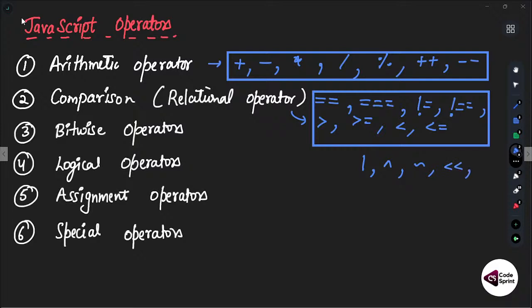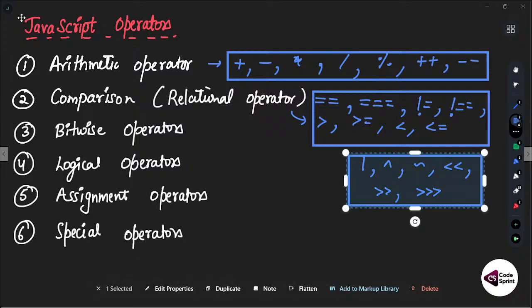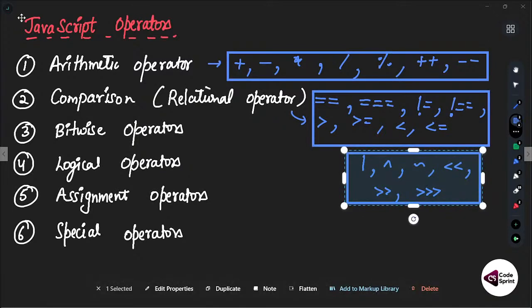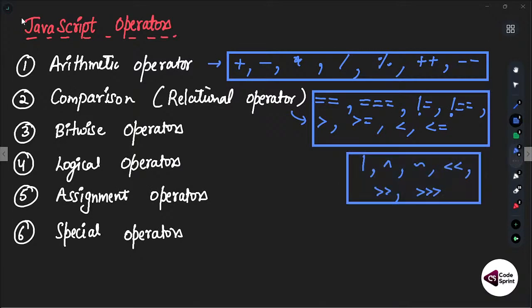We have bitwise right shift operator, and bitwise right shift with zero operator. These are the different operators, and these are the examples of the bitwise operators.